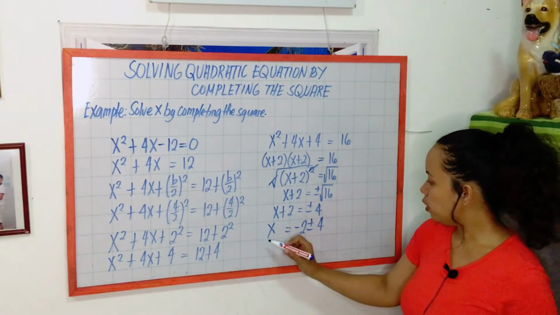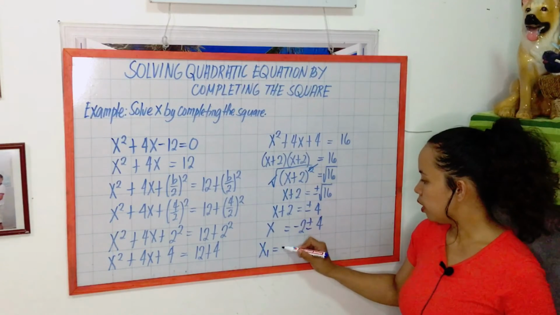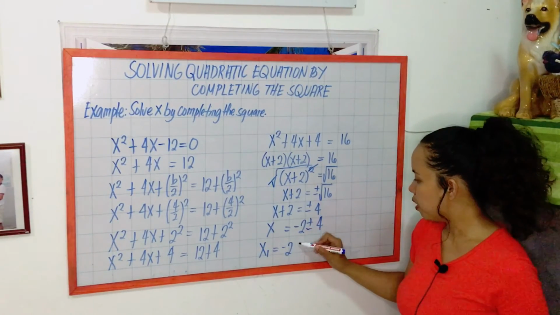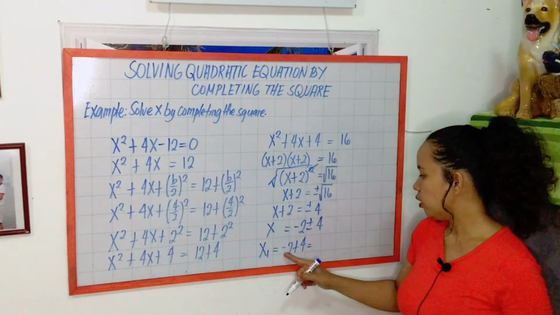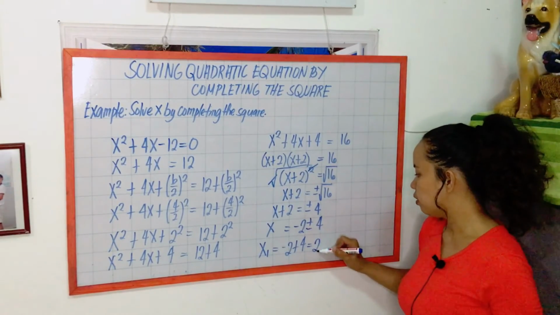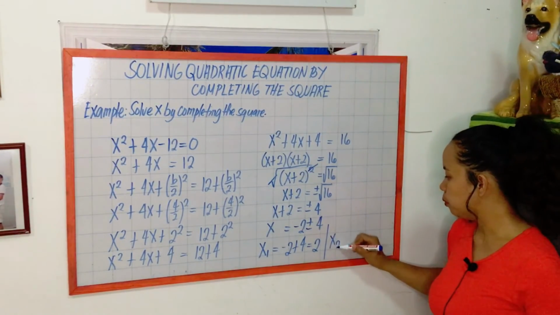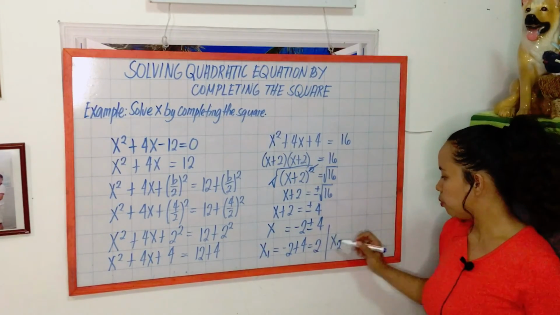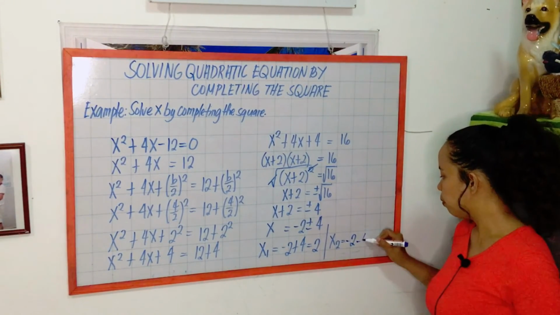Pwede na natin i-solve yung x sub 1 and x sub 2. So, x sub 1 is now equal to negative 2. Kunin muna natin yung positive, plus 4. So, this is just equal to negative 2 plus 4, which is positive 2. And sa kabilang side naman, x sub 2, yung negative naman yung i-consider natin. So, negative 2 minus 4.